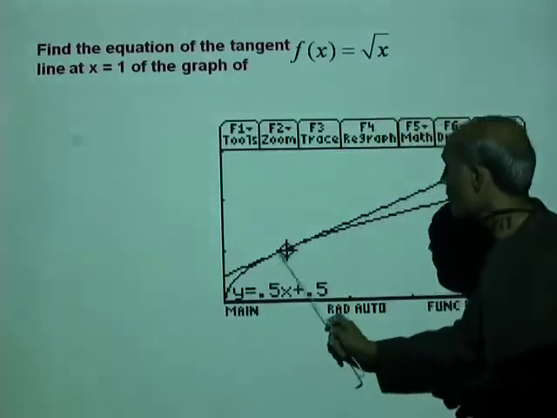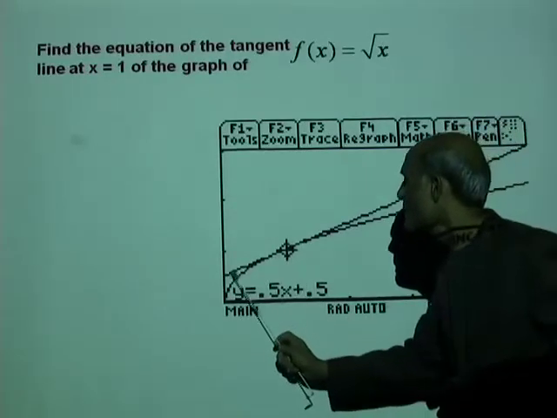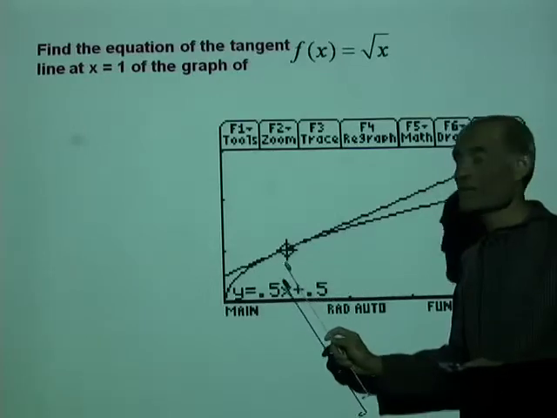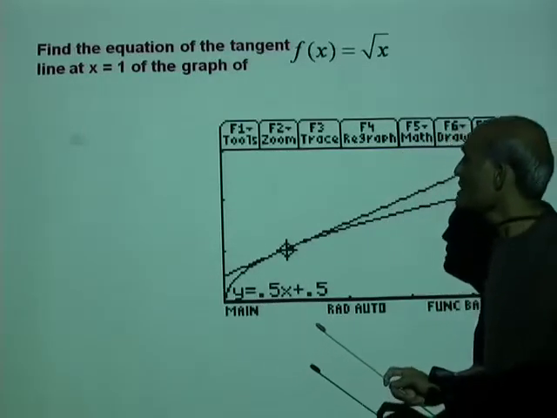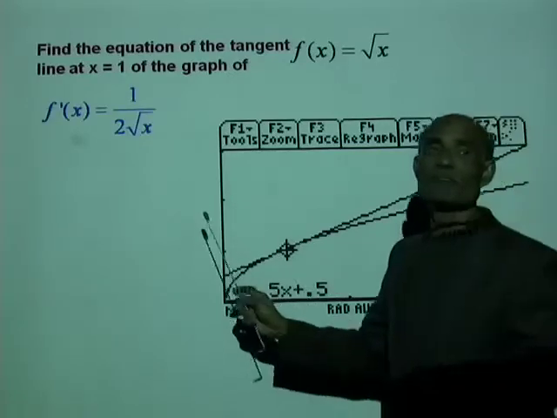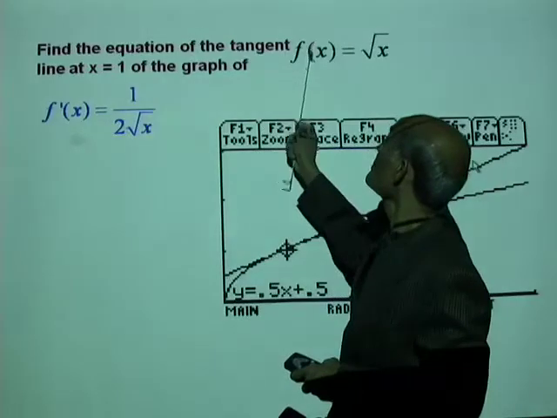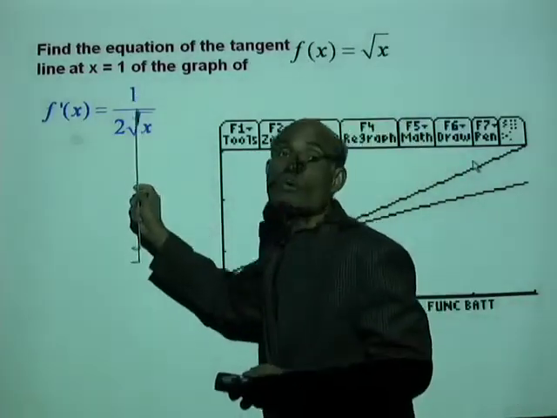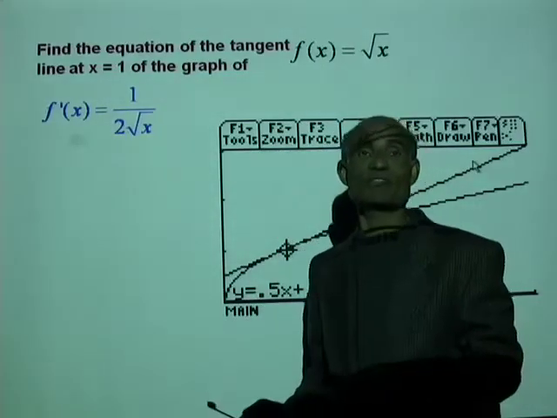There I have the graph of square root of x. And at x equal to 1, I have drawn a tangent line, and that gives me the slope of the tangent line is 0.5. Let's see if that is correct. You know that the derivative of f of x equal to square root of x is f prime of x is 1 over 2 square root of x.